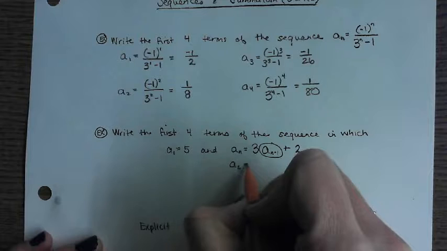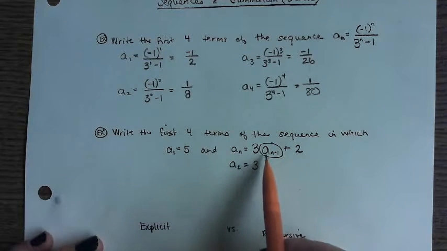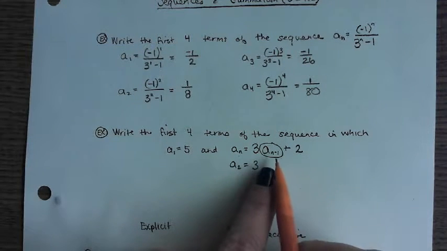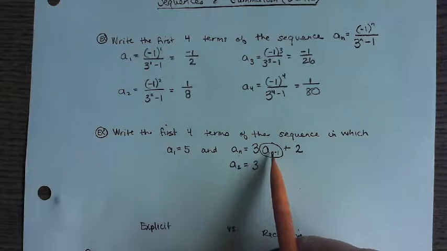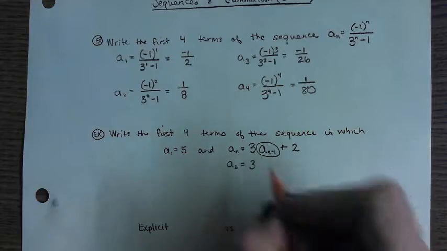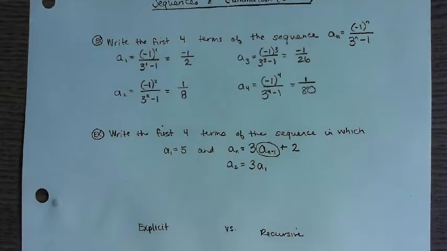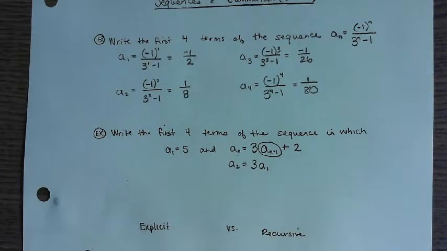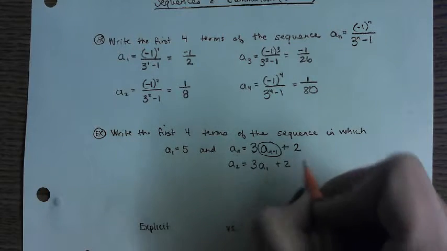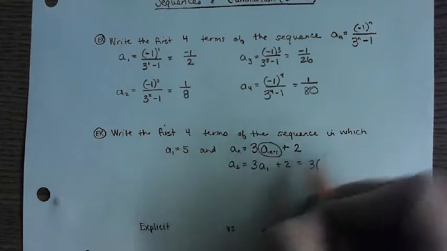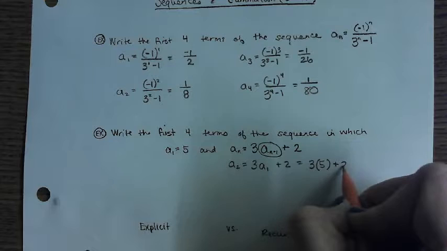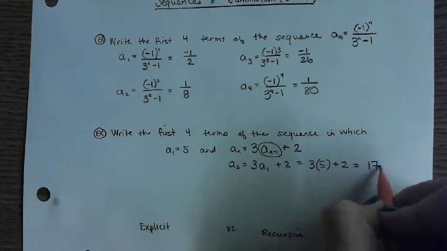If I want the second term, you can plug in 2. But mentally, if you plug in 2, 2 minus 1 is going to be just 1, so it'll just be 3 times a 1, which is the term before, and then add 2, which is 3 times the 5 plus the 2, which is 17.